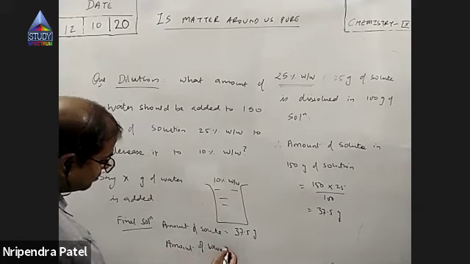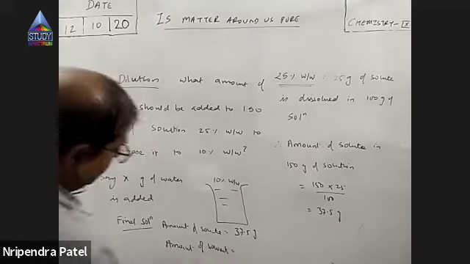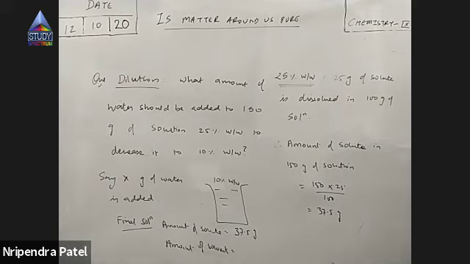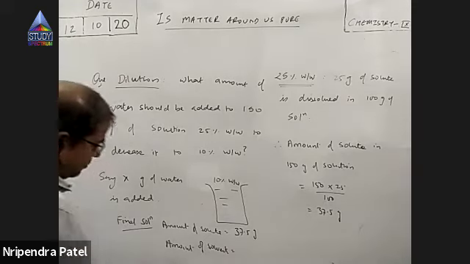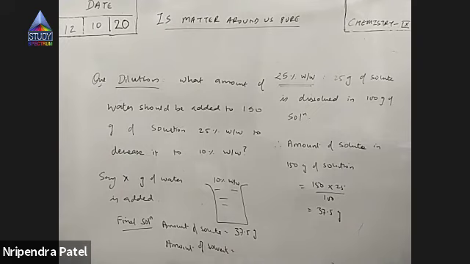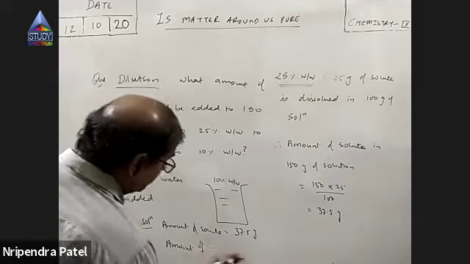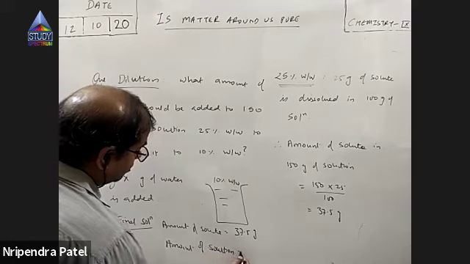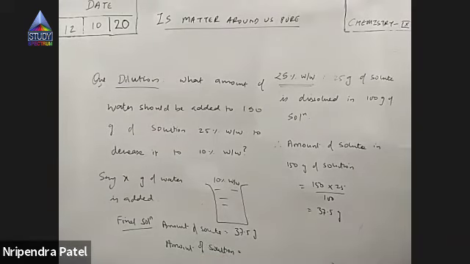How much solvent is there? How much solvent was there from before, and how much have I added?